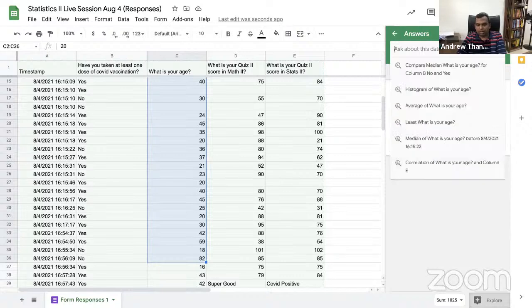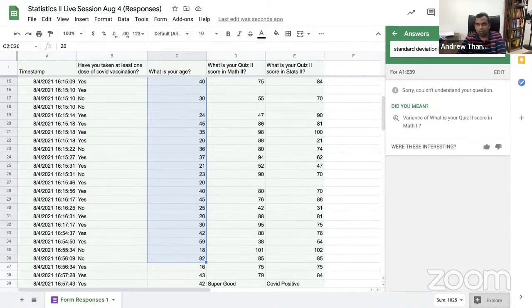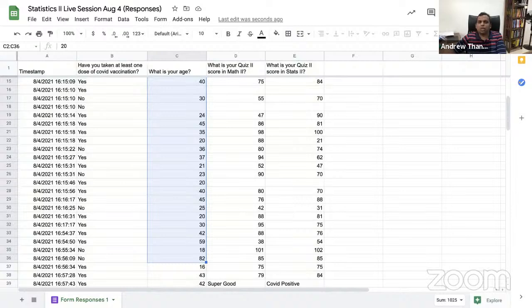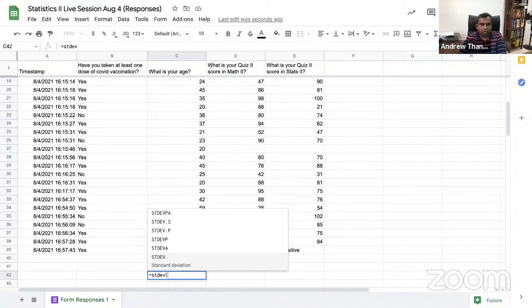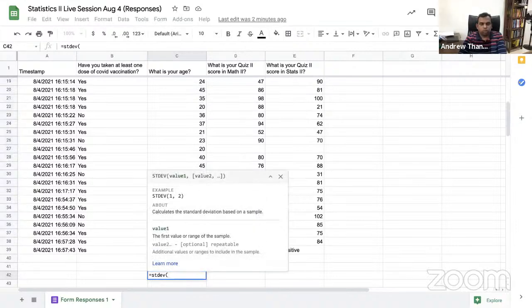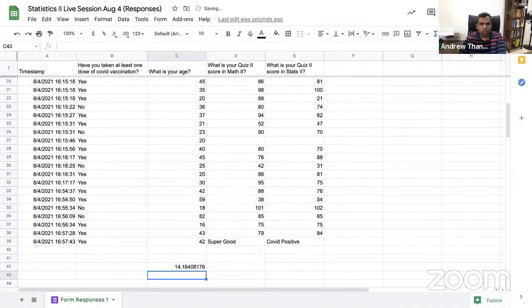So let me ask for standard deviation. Let's go back to the good old way. I don't know what it does to zeros. Okay, so let's just take 14. The standard deviation ends up being 14.